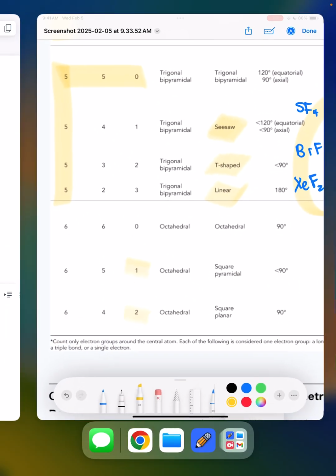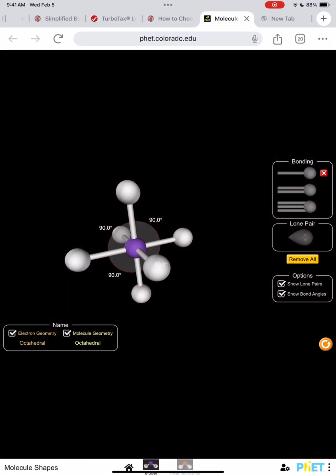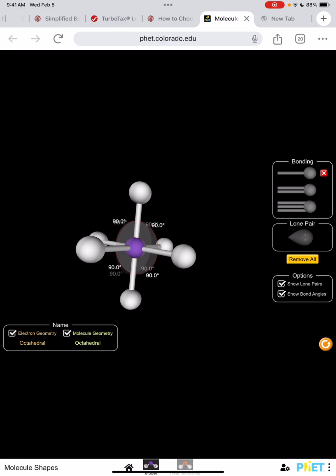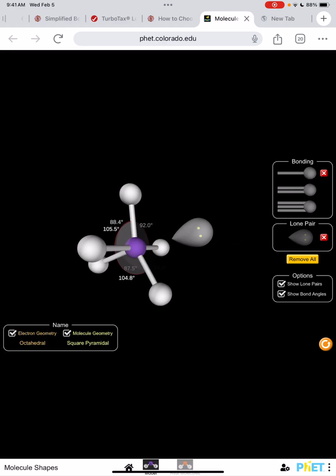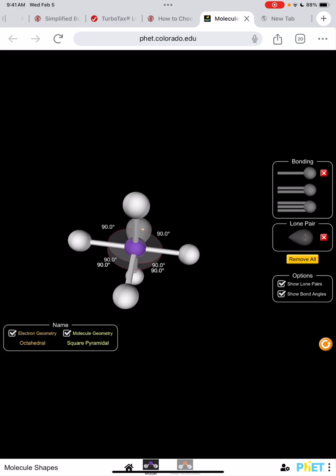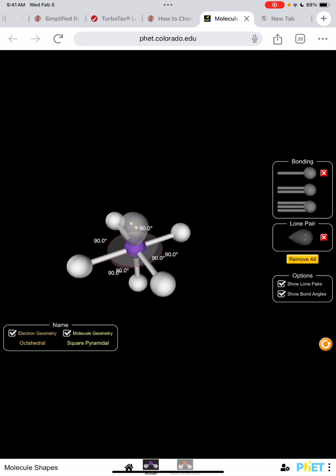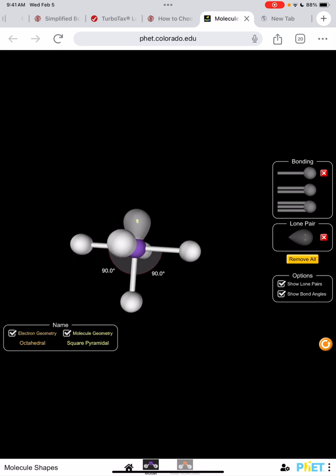But let's go ahead back to the simulation. So we've got the 6 groups here. We substitute in a lone pair for one of those. Okay, this is called square pyramidal. The only thing you have to remember about actual bond angles versus true ones is that they get slightly less than whatever they were predicted.